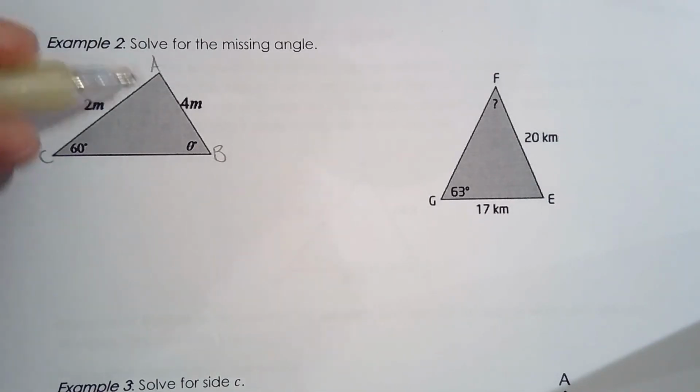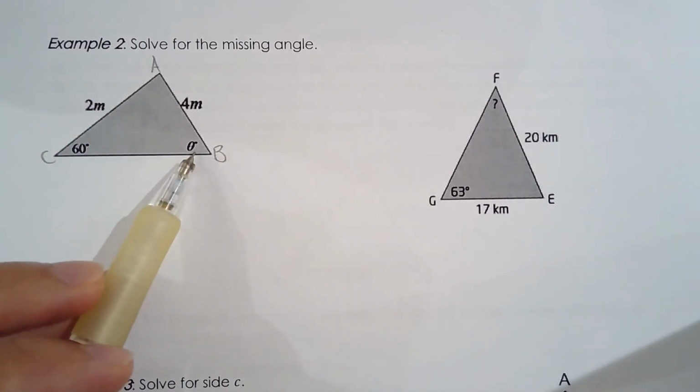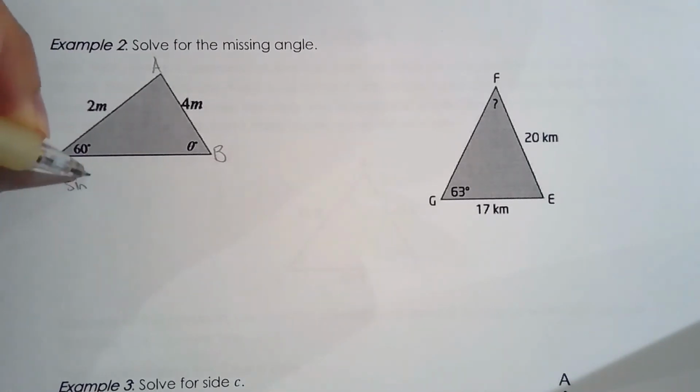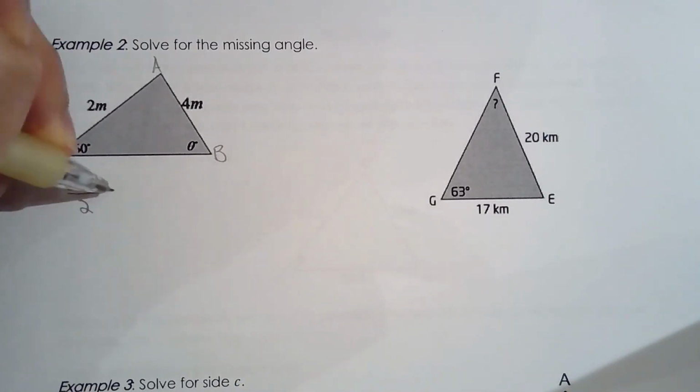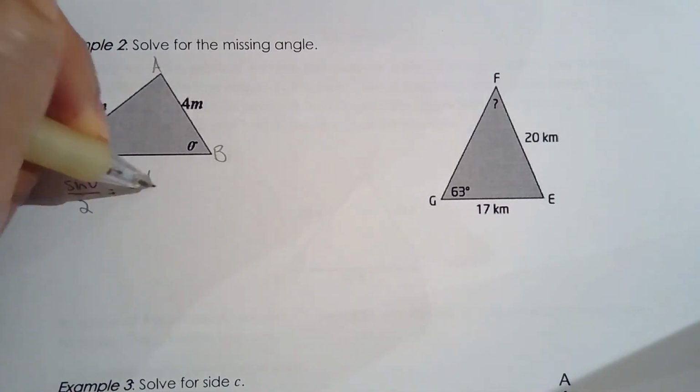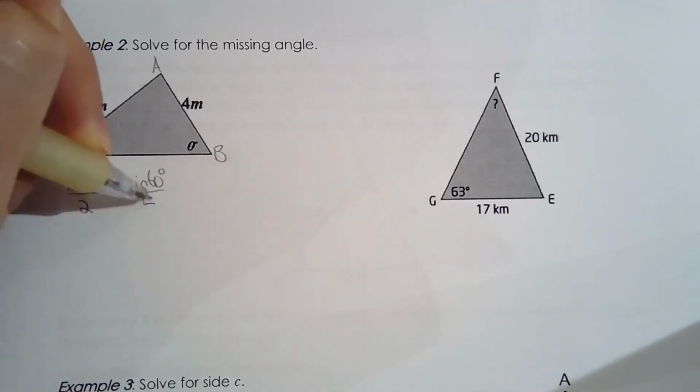All right, so we're solving for an angle here, so we're going to use the sine A over A version as opposed to A over sine A. So sine theta over 2 is equal to sine of 60 degrees over 4.